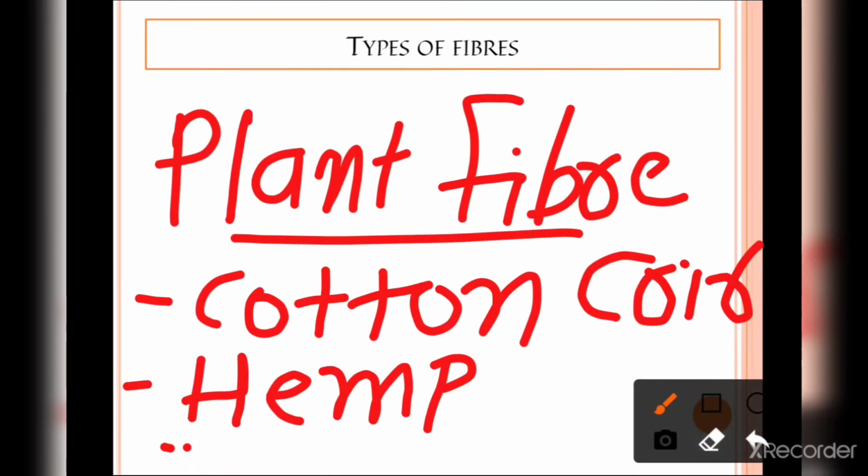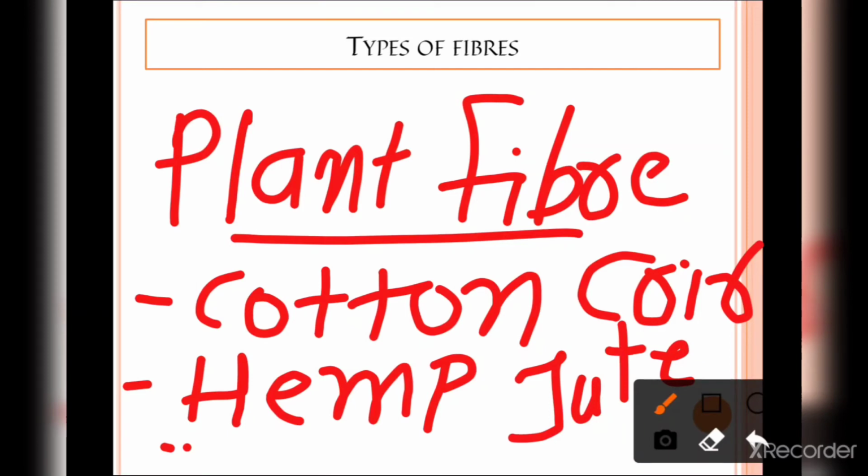Then the second one is jute. So in total there are 4 examples of plant fibers. Number 1 is cotton, number 2 is jute, number 3 is hemp, number 4 is coir. What cotton, coir, hemp, and jute are, I am going to explain in the next class.